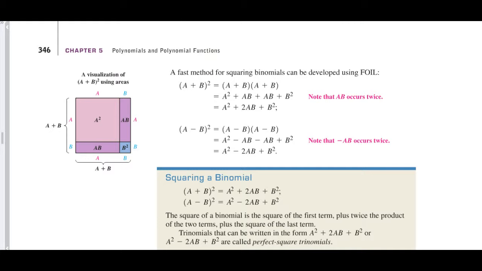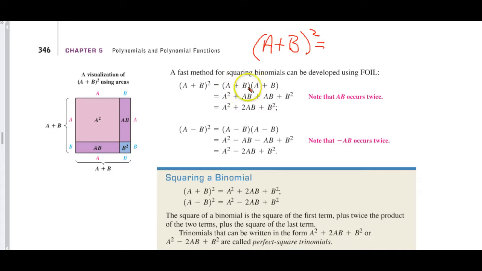Now, there is a pattern, a special way to multiply, and you could use the FOIL initially, but what I want to show you is the shortcut way, I call it. And that is the special way of multiplying a binomial that you want to square.